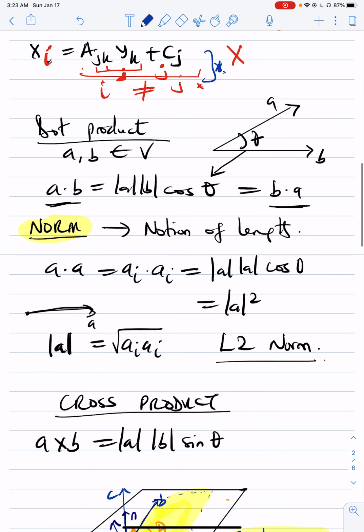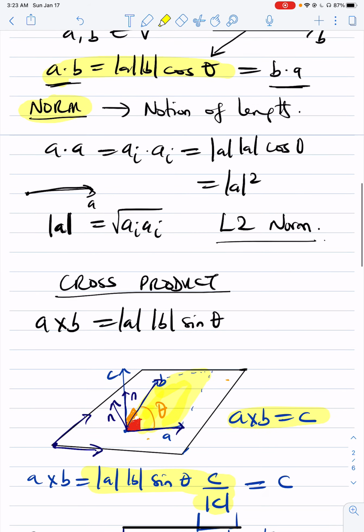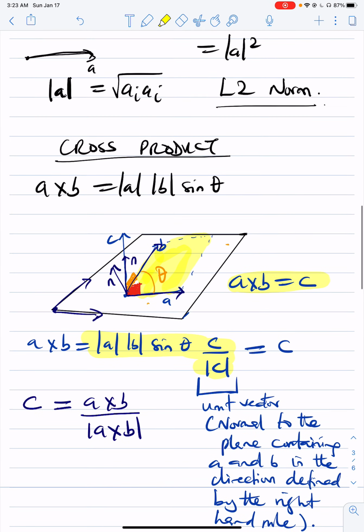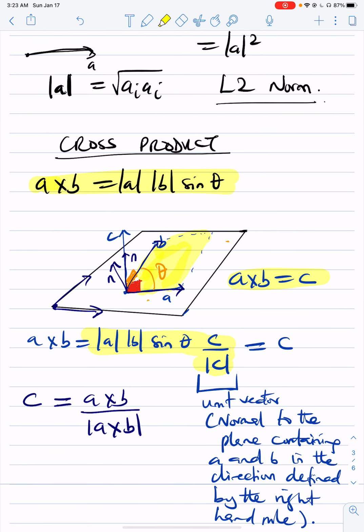The dot product, I also gave an expression for the dot product, which is this, which I guess you're somewhat familiar with. Then I explained the notion of norm. Norm simply means the length of a vector, it gives you the notion of length. Cross product, A cross B, right? The difference is that you have a sine theta in this one.